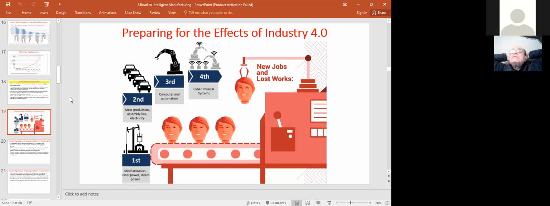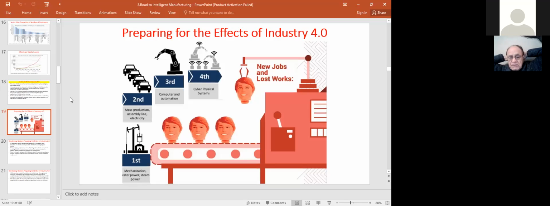On the face of it, it looks as if it is terrible and things are going to be very bad. But it's not really. It's not really losing jobs, but it is transferring of one kind of job to another kind of job.